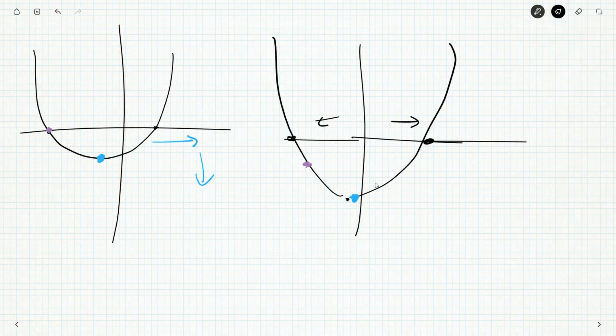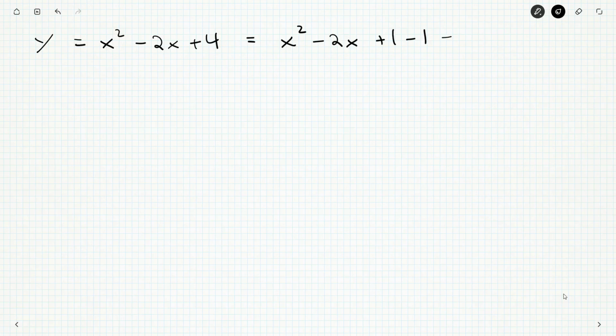Okay. Well, I just did the calculation, but I'll do it a little slower. I'm going to get that first parabola in vertex form. So how do we do that? Well, we complete the square. We add 1, subtract 1, and we still have the plus 4. This first bit becomes x minus 1 squared, and then the minus 1 and the 4 become a plus 3.